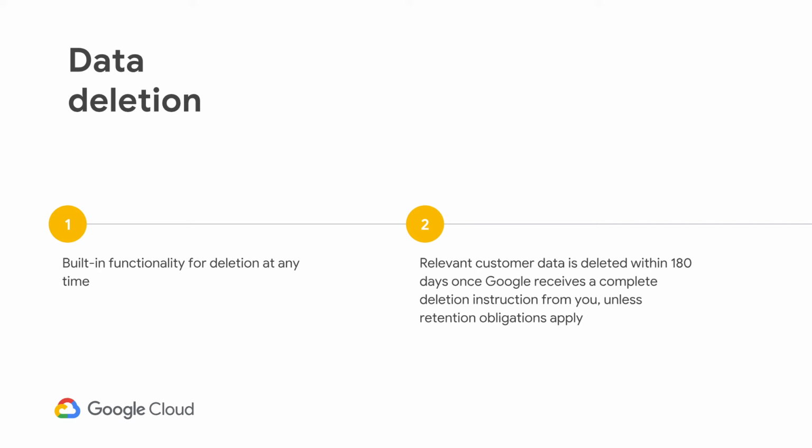And as we mentioned in our data processing amendment and also in a recent public statement, we make sure that relevant customer data, in case we receive a deletion request from you, will be deleted from our system within 180 days.